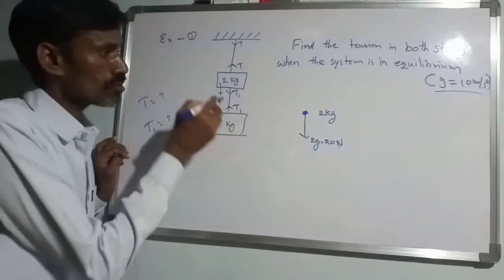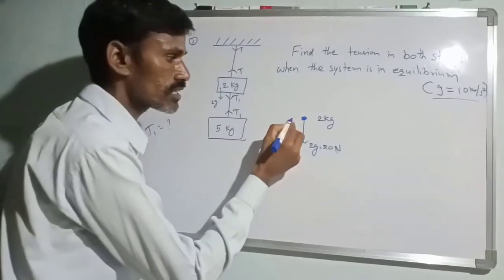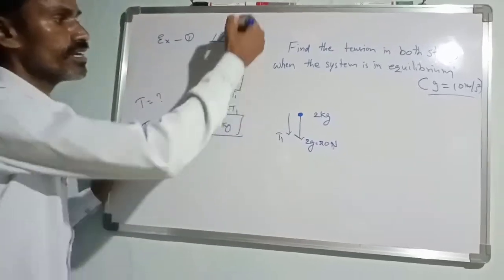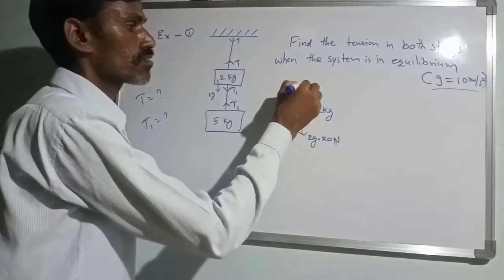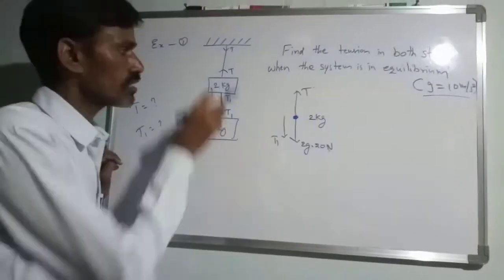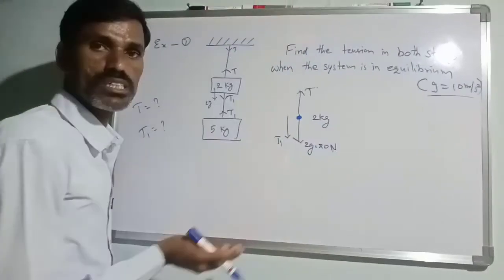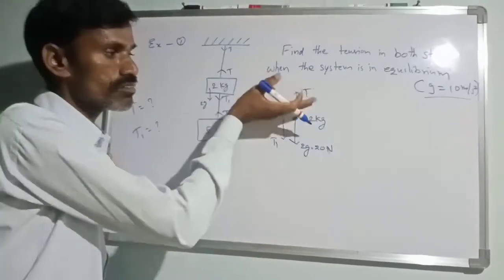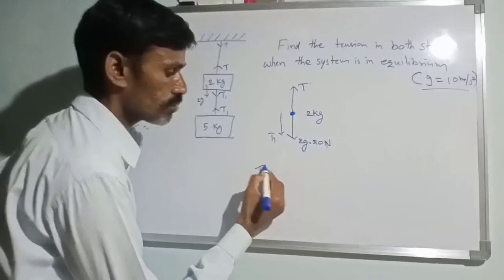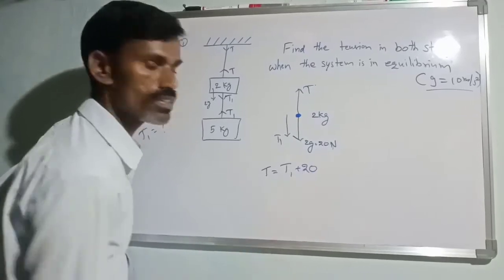And one more force acts on the 2 kg mass, that is the tension T1 in downward direction. And in upward direction, the tension T. The entire system is in equilibrium, that's why the forces acting in upward direction are equal to the forces acting in downward direction. That's why capital T is equal to T1 plus 20.